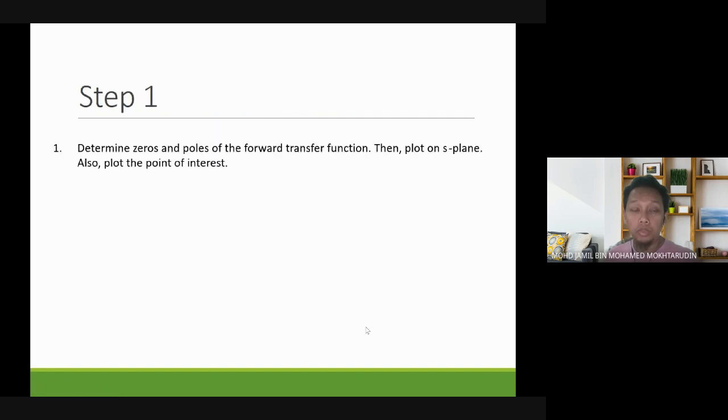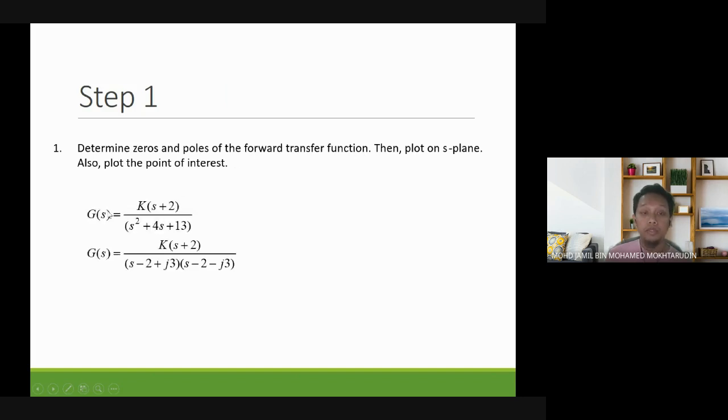So step 1, we determine the zeros and poles of the forward transfer function, and then we plot the zeros and poles on the S-plane. We also plot the point of interest, which is -3. So this is our transfer function. Then we determine the poles and zeros. The zero is -2, and we represent the zero with a circle. And then we find the poles.